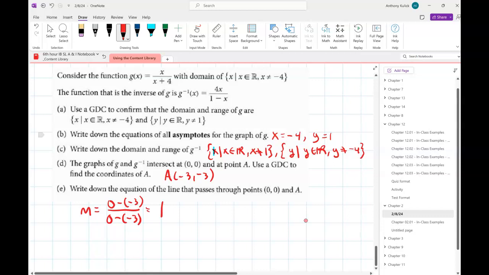And I know that since we go through 0, 0, what does that tell me the b has to be? 0, because the x coordinate is 0, so I know that y value is my b. So this is just the line y equals x, or 1x plus 0 if you want.